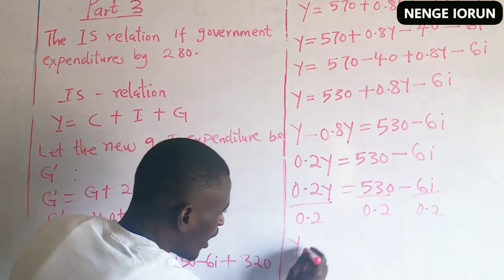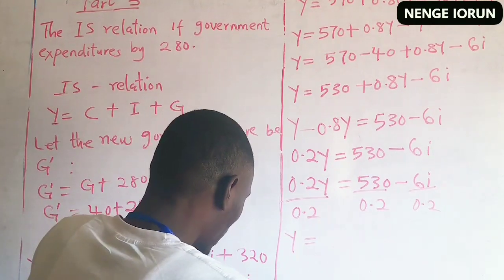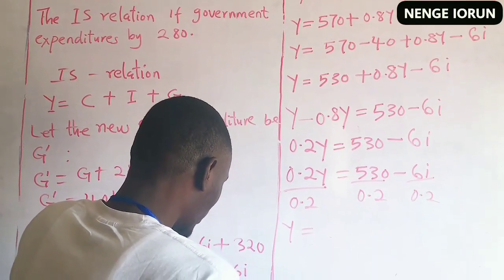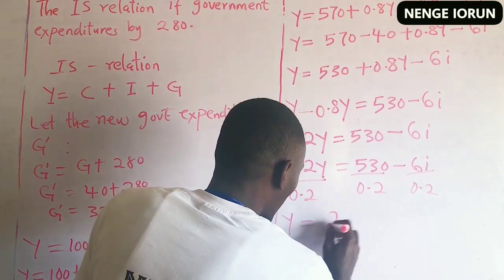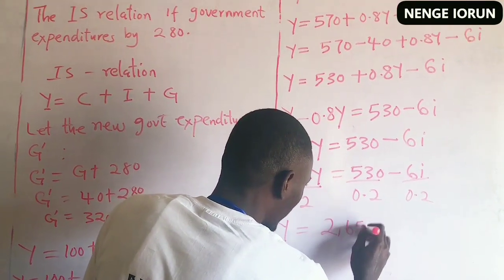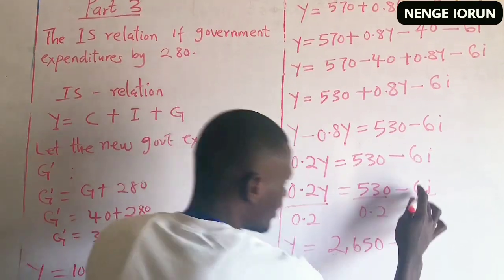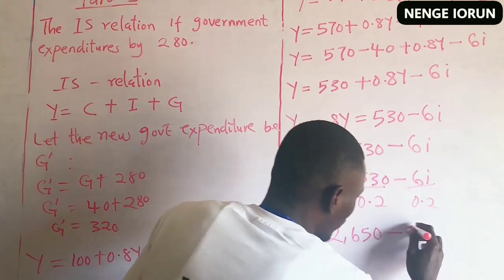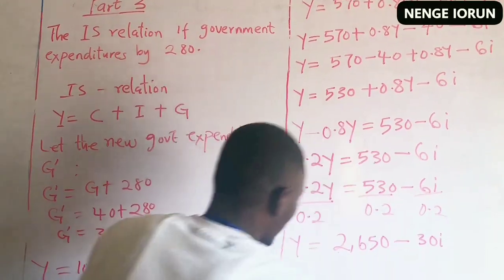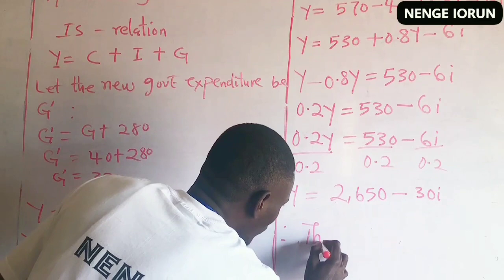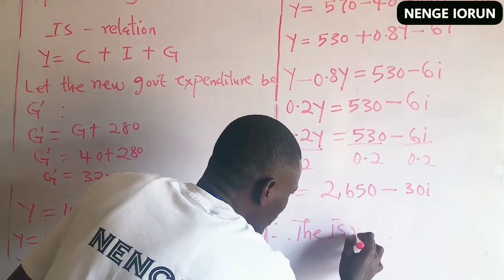You will have Y is equal to 530 divided by 0.2, which is 2,650, minus 6 divided by 0.2, which is 30i.